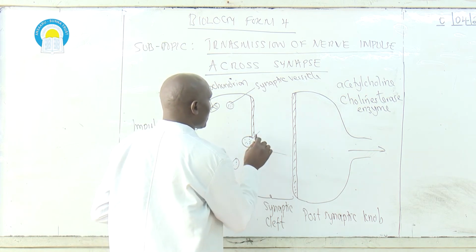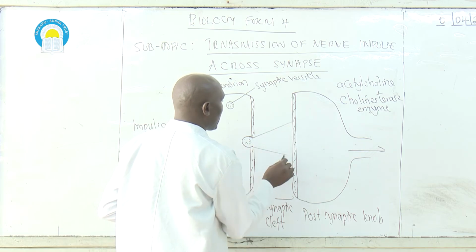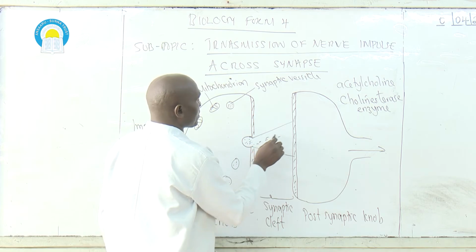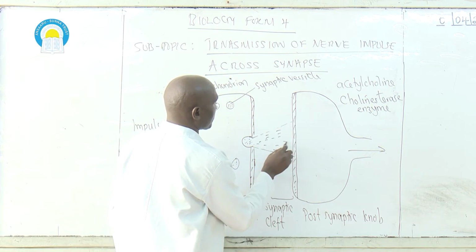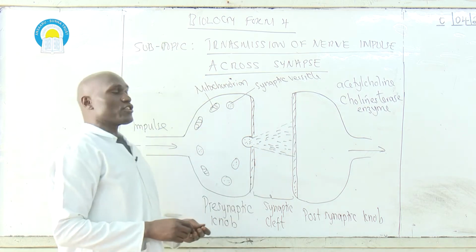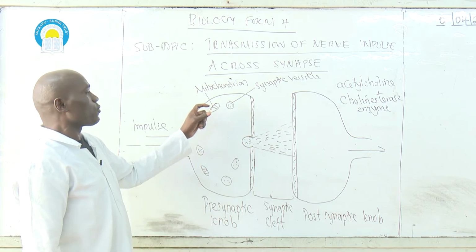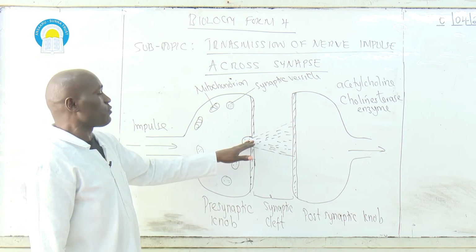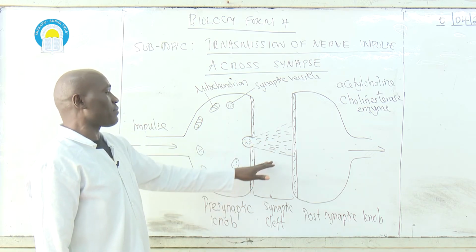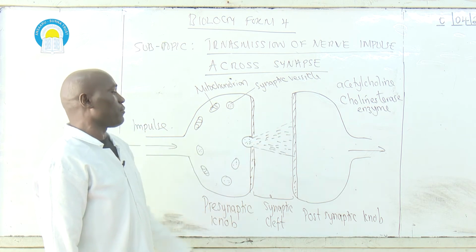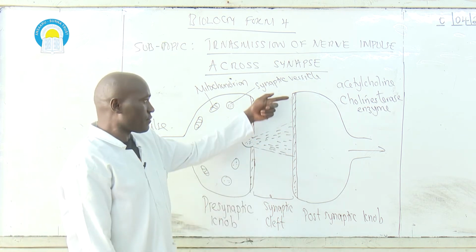When it ruptures, it releases acetylcholine, the chemical substance within it, into the synaptic cleft. So acetylcholine, which was within synaptic vesicle, once released, will flow within synaptic cleft and finally attach itself onto the postsynaptic membrane here.